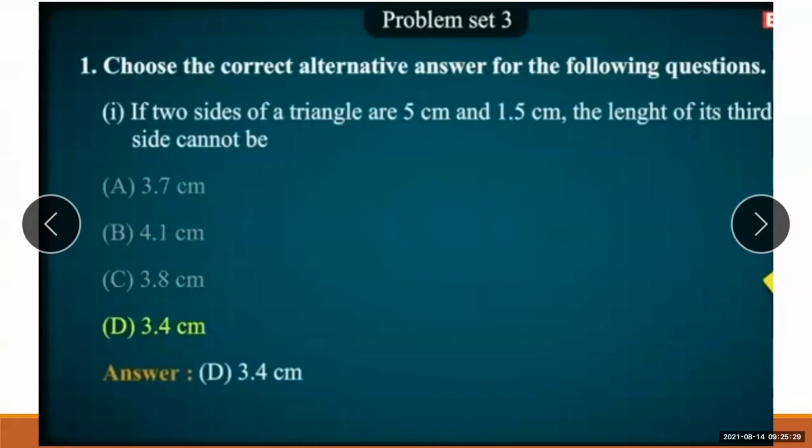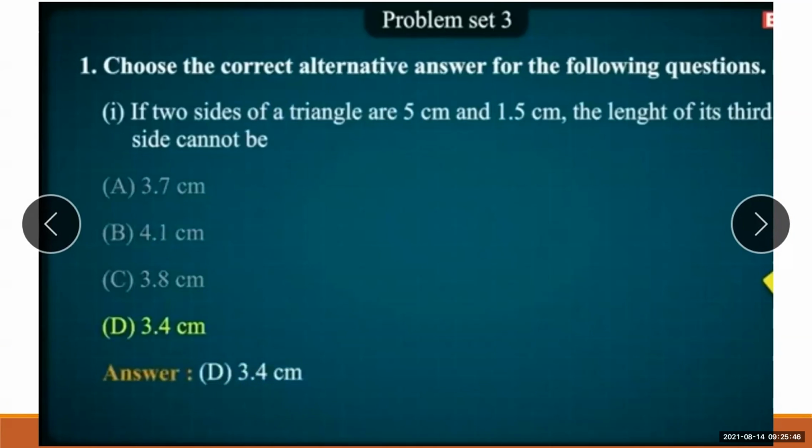Only you have to choose the correct answer. No calculation, you don't need to write the calculation. Just write the correct answer like this: the correct option is that one.